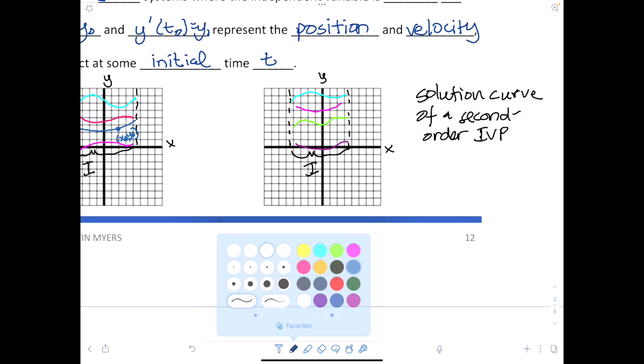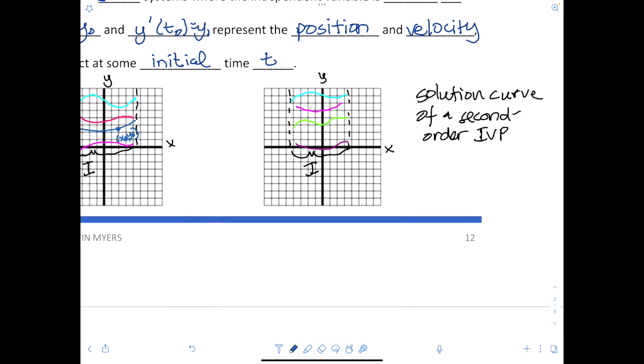suppose this right here again is our x0, y0. It doesn't have to be the same thing. I'm just doing it randomly. So basically what we have here, suppose this is the shape of the solution curve when that passes through x0, y0.